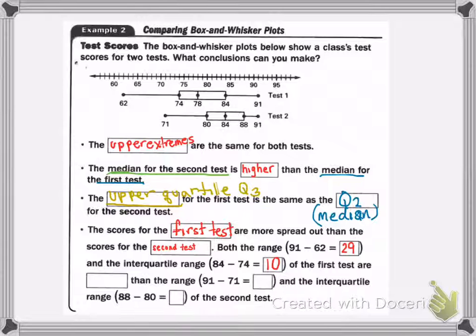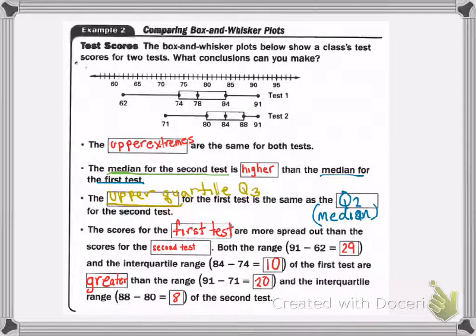So the range and the interquartile range of that first test are greater than the range, again the difference between highest and lowest, and the interquartile range, the range of the box, of the second test.